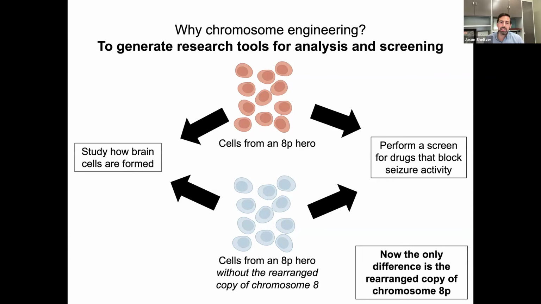So this gives us a genetically matched, well-controlled system for isolating the effects of the rearranged copy of chromosome 8 from all the other genetic differences that happen between people, that happen between parent and child. This gives us a way for really isolating what this rearranged copy of chromosome 8 is doing.